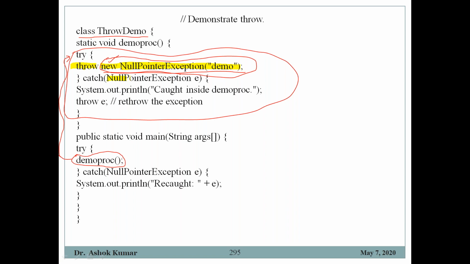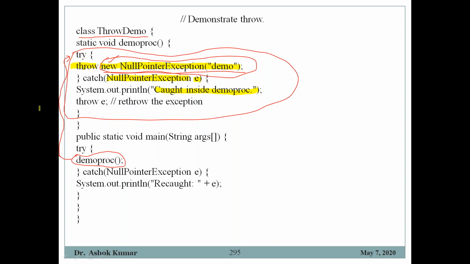It will find a catch block over here with the matching argument, NullPointerException. The object that you created with new will be passed on to the e reference variable, and then the body of the catch will execute, and you will get this message on the screen, caught inside demo procedure.